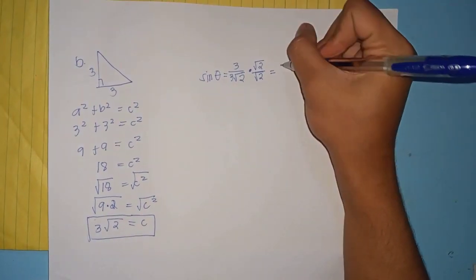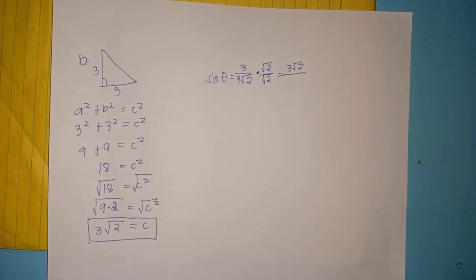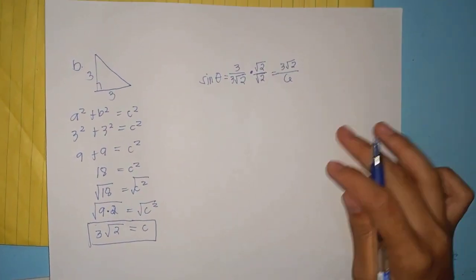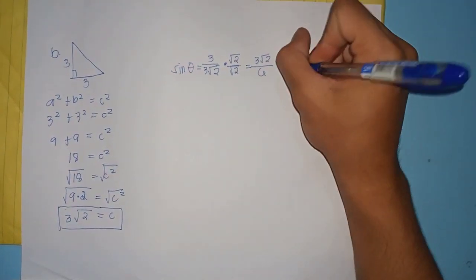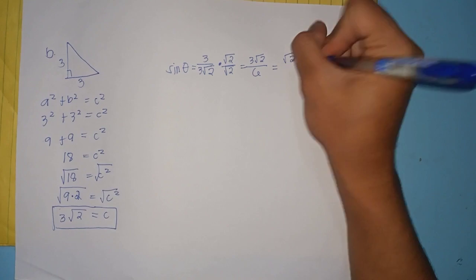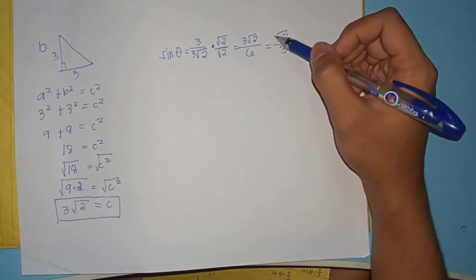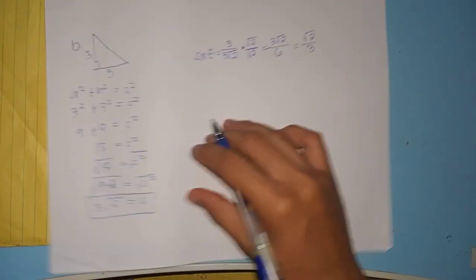So we have 3 square root of 2 over, square root of 2 times square root of 2 is 2, times 3, we have 6. Since it can still be reduced to lowest terms, we divide by 3, then 1 remains, so we have square root of 2 over 2.